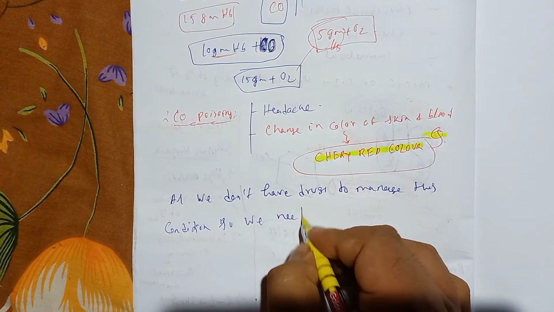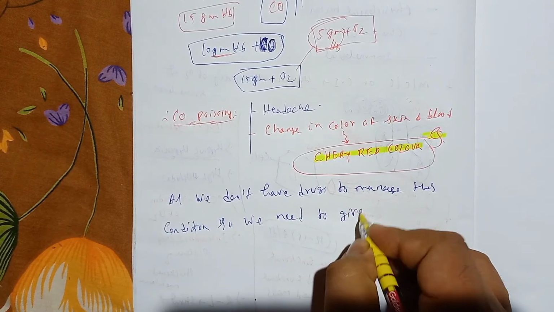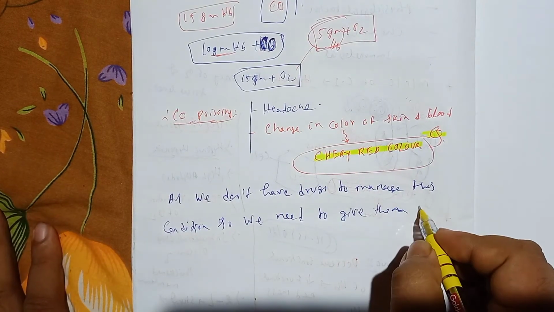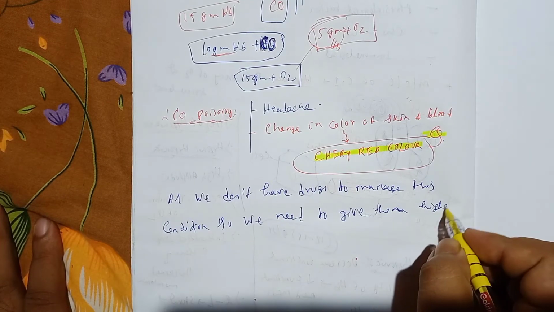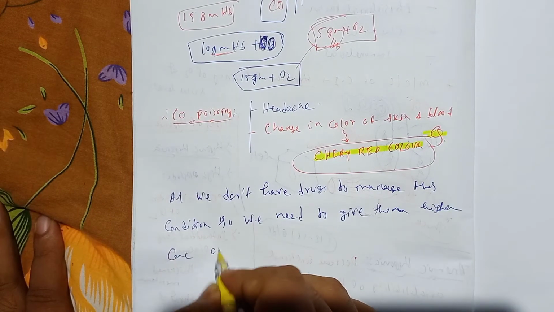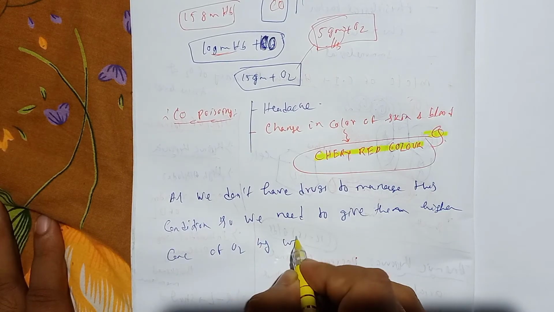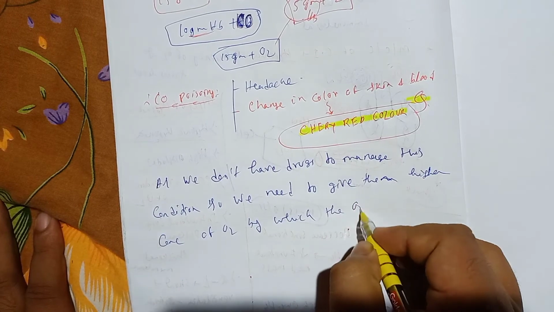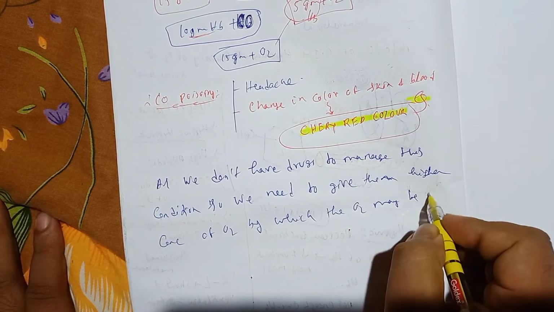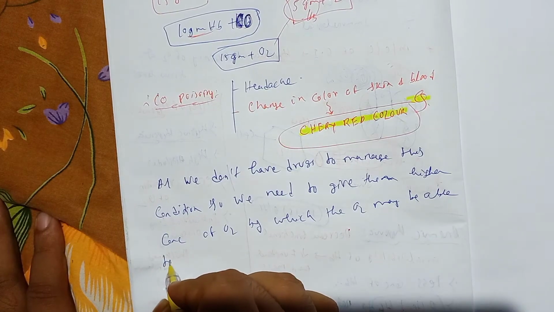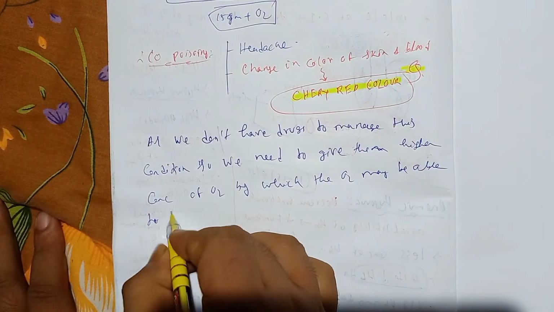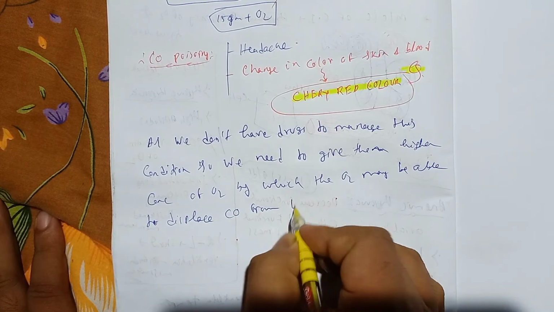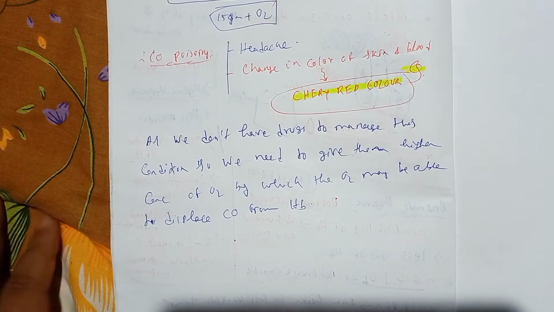We need to give the patients who have carbon monoxide in their blood a higher concentration of oxygen, by which the O2 may be able to displace carbon monoxide from hemoglobin here, guys.